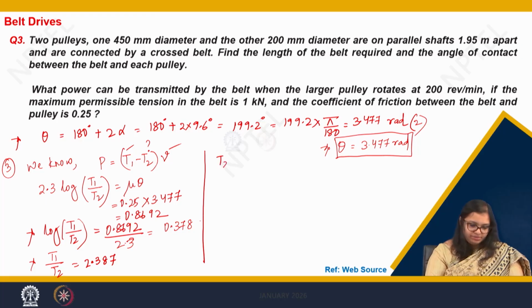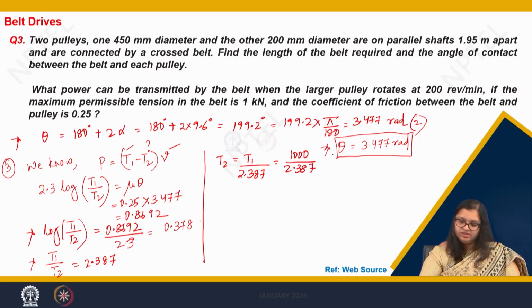So this gives me T2 is equal to T1 by 2.387, which is 1000 by 2.387, which is 419 Newton.